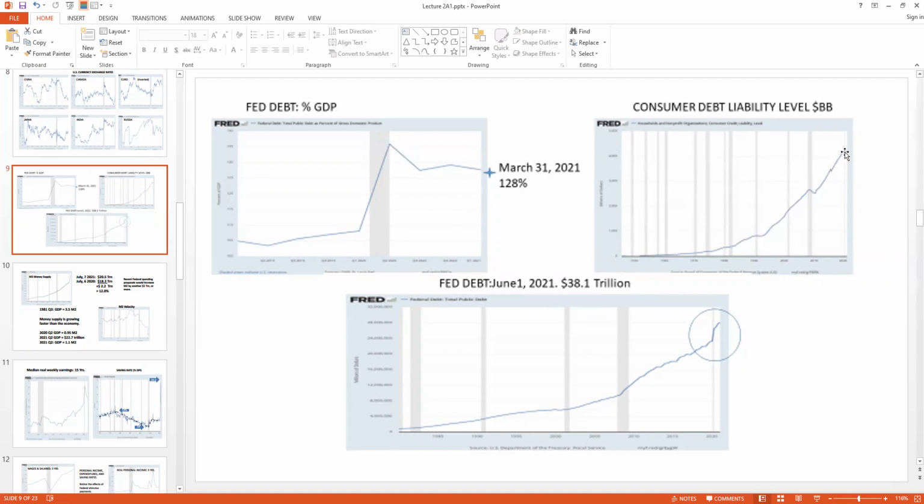But consumer debt is certainly substantial. The federal debt as of June 1st of this year was some $38 trillion. And that is substantially more than the GDP. And you can see how sharply it has risen.